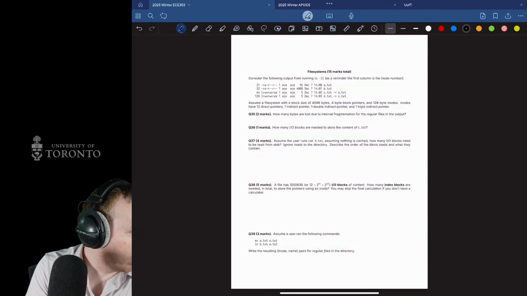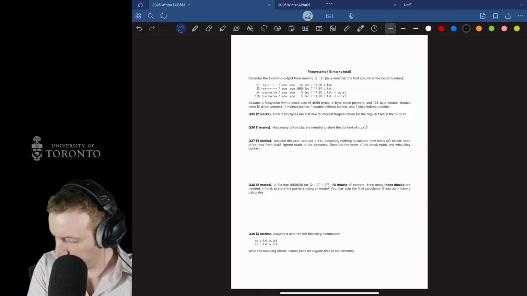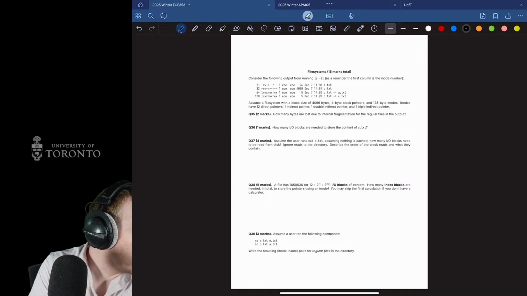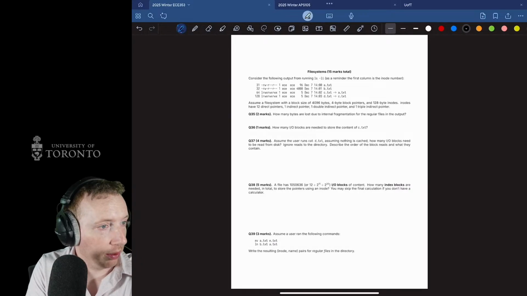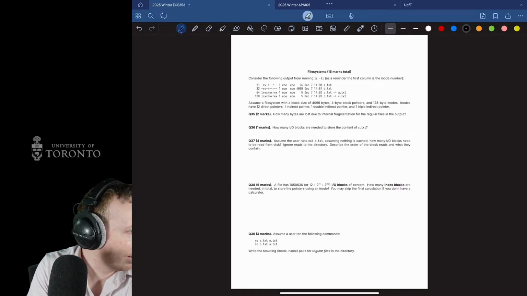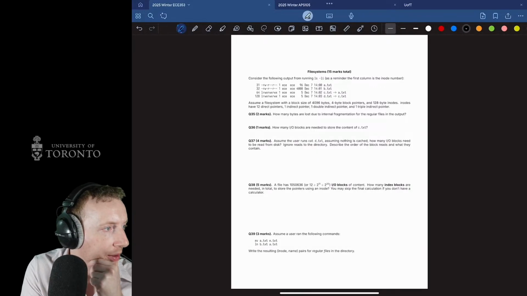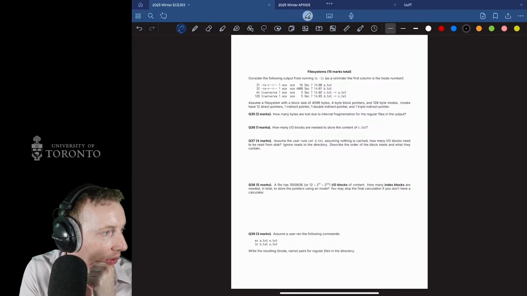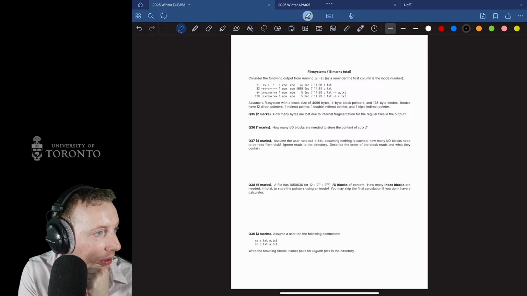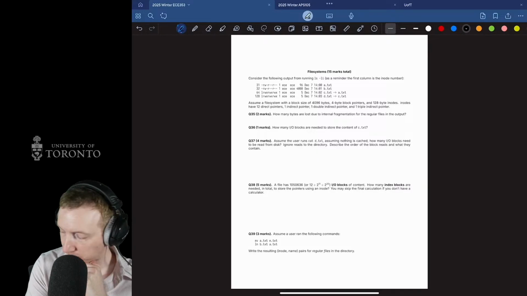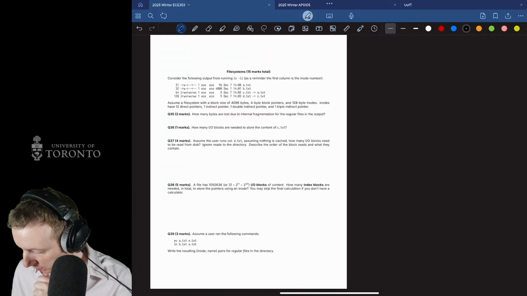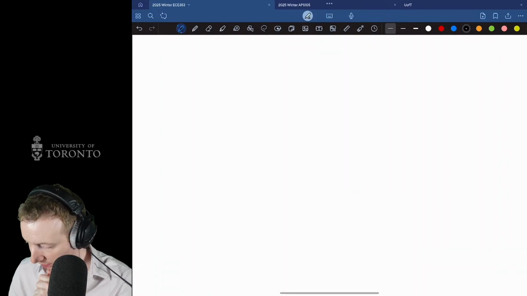Is this the right question? No, not the right question. All right, anyways, I'll just pull it up here. It's another file system question.